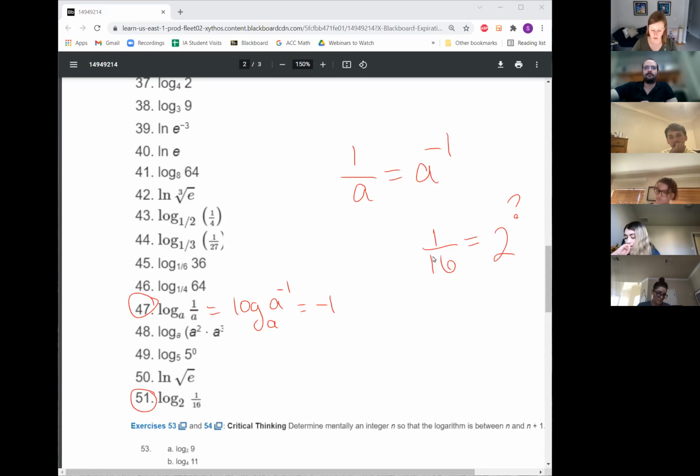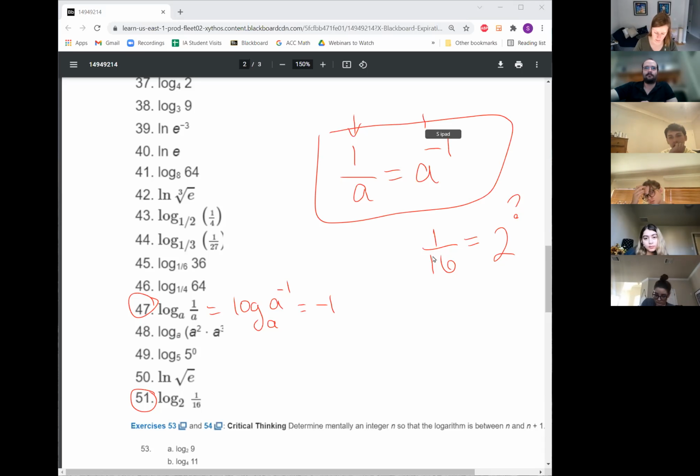Can't really divide it. Look at what we did on this one. How did we take it from a fraction to a non-fraction? What happened between this piece and this piece? Is it multiplied? We changed the exponent, right? Oh, okay. To a negative exponent.